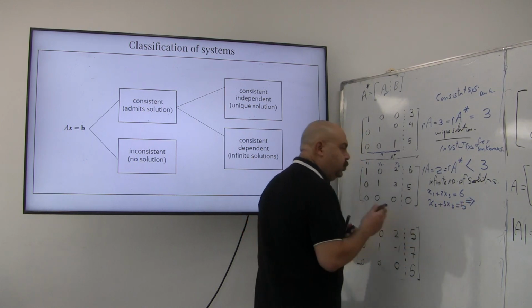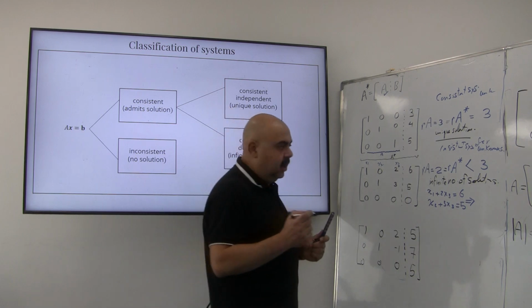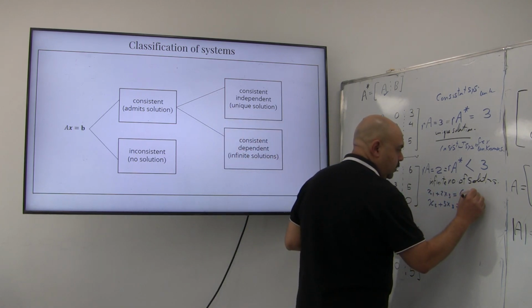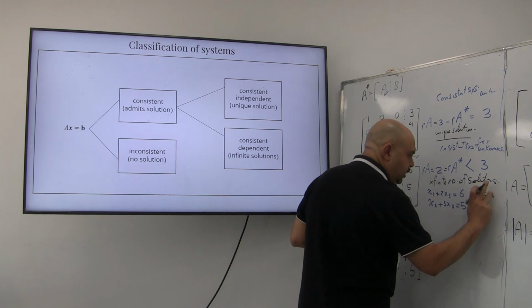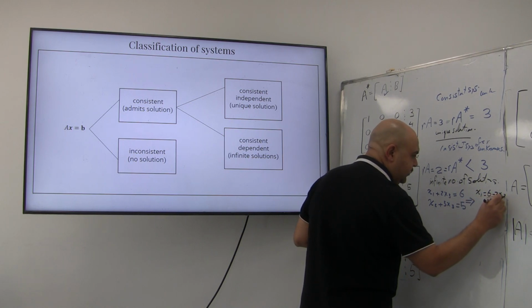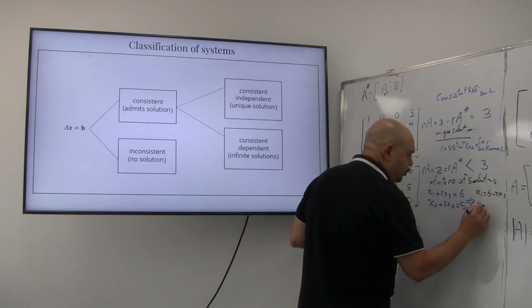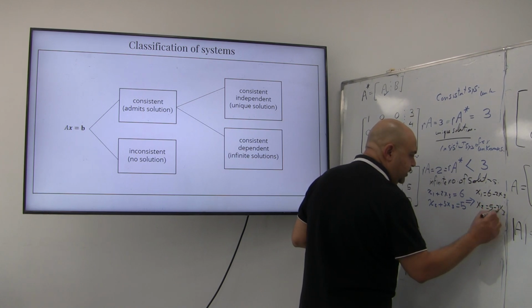And all of this will lead to x1 equal to 6 minus 2 of x3, and x2 equal to 5 minus 3 of x3.